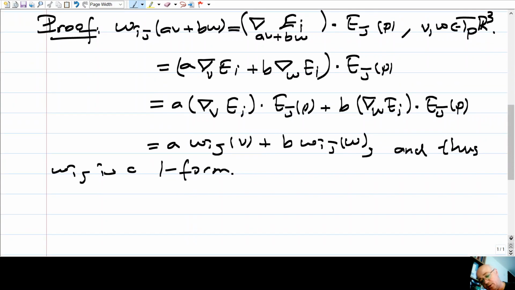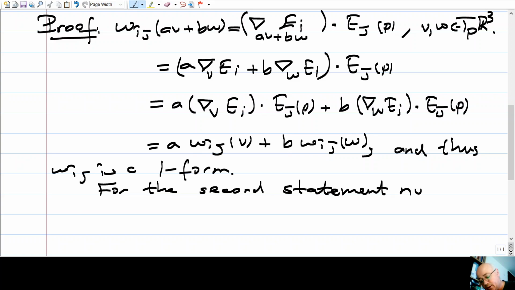For skew symmetry, we consider the following. For the second statement, which says that omega ij is skew symmetric, note that we have this: 0 equals this, right?